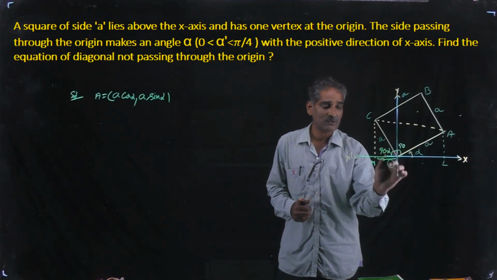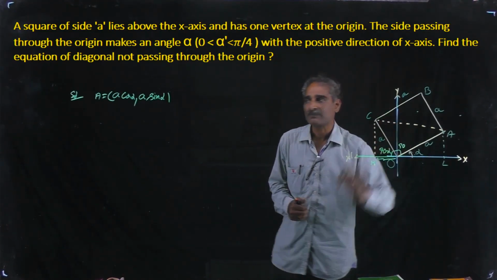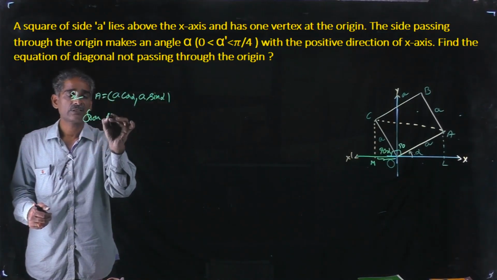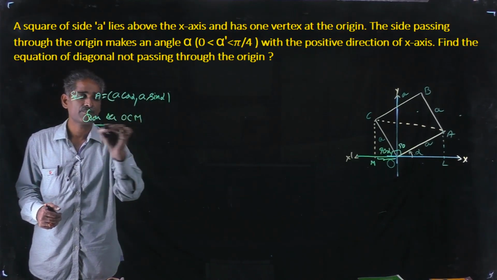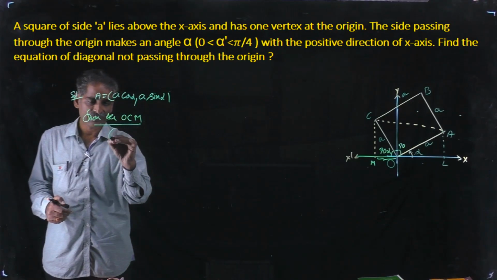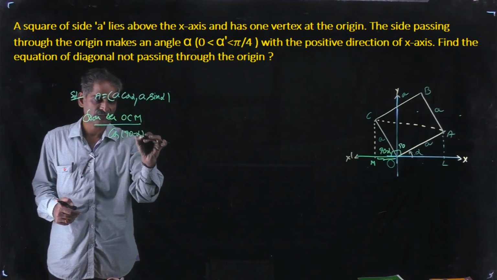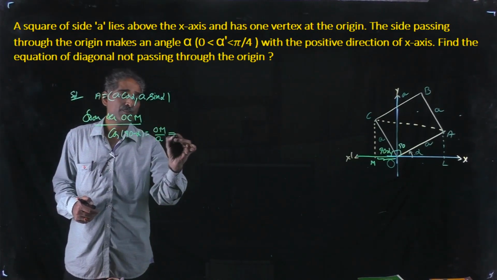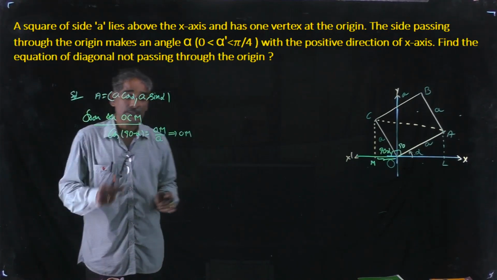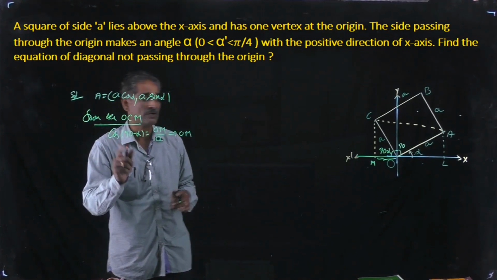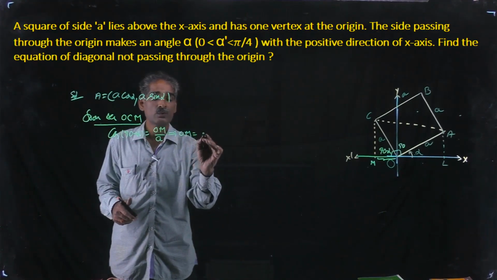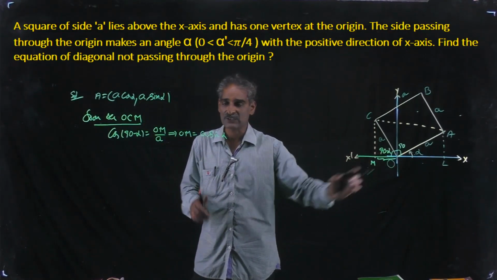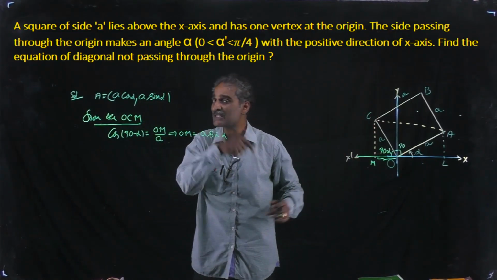Cos of 90 minus alpha equal to OM by A, from triangle OCM. This implies OM is equal to A sin alpha in magnitude. Now it is on the negative x-axis, so you should write the x coordinate of C as minus A sin alpha.